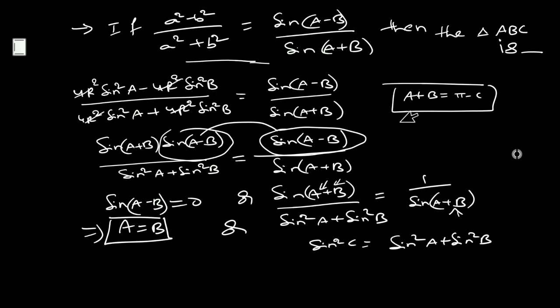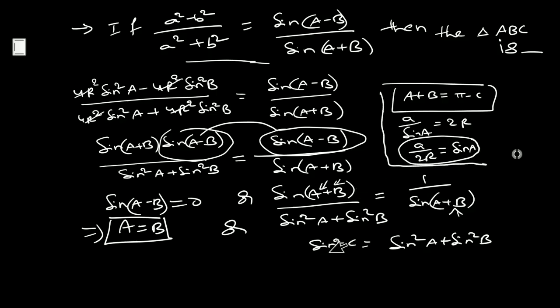According to sine rule, a by sine A equals 2r. Then a by 2r will be sine A. In place of sine A, I can substitute a by 2r. In place of sine C, I can substitute c by 2r, whole square.